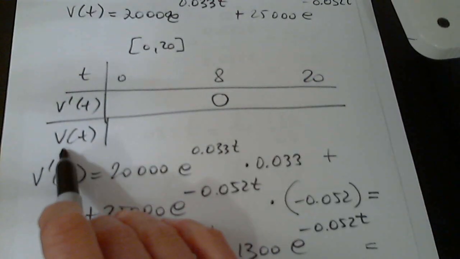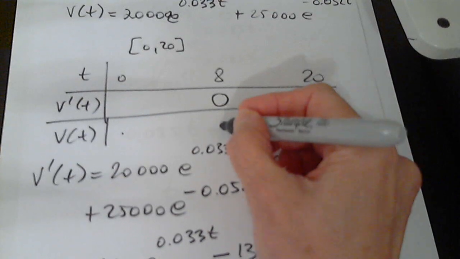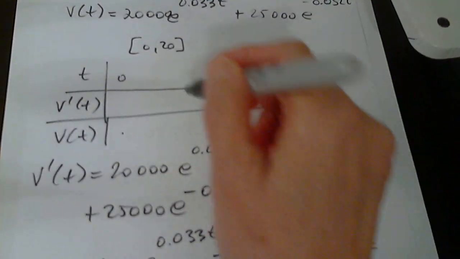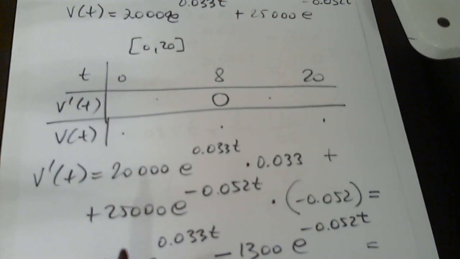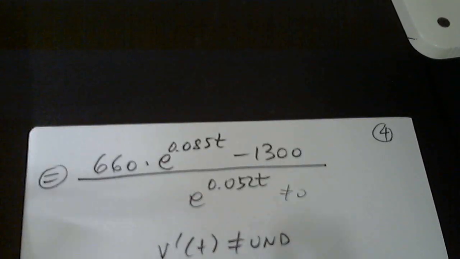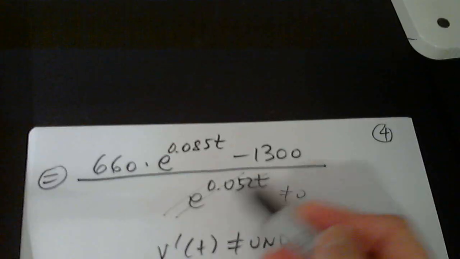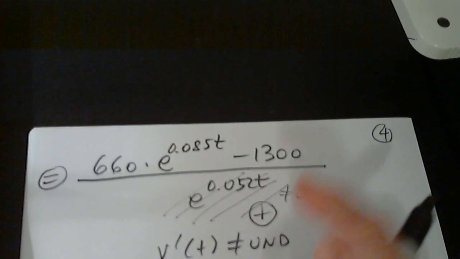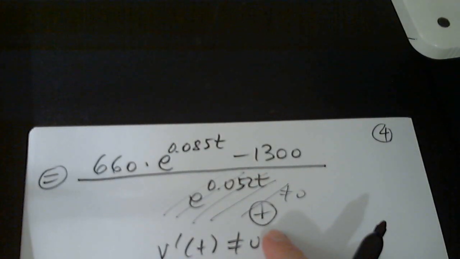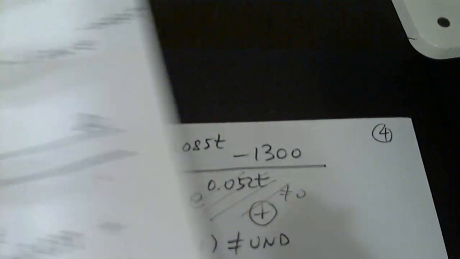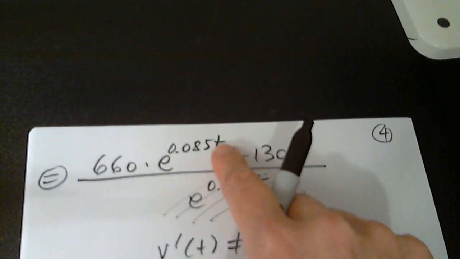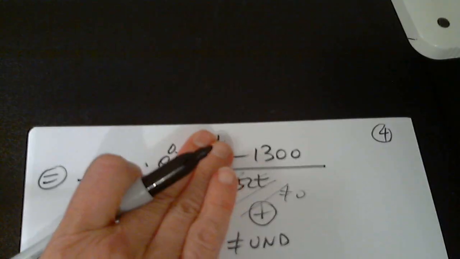Now, in the function, I have to plug in 0, I have to plug in 8, and I have to plug in 20. Not before I study the sign left and right. When I study the sign of the first derivative, there is no point in studying the sign of this because it's always positive. If I enter 0, this is 1. 660 minus 1300, this is negative.